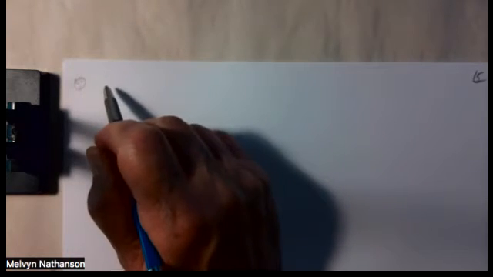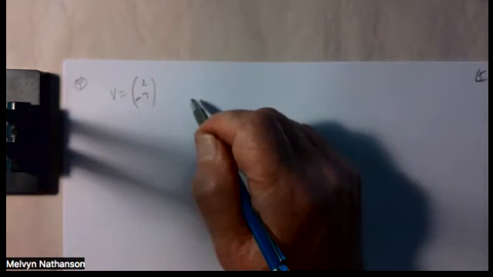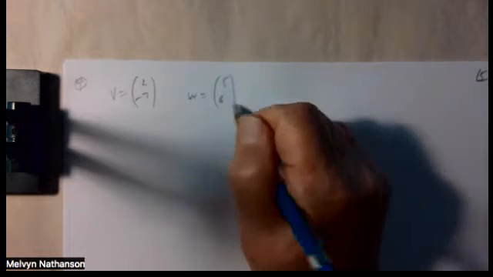Problem 4, we're back to R2 with the standard inner product, and v is the vector (2, minus 7), and w is the vector (5, 6).